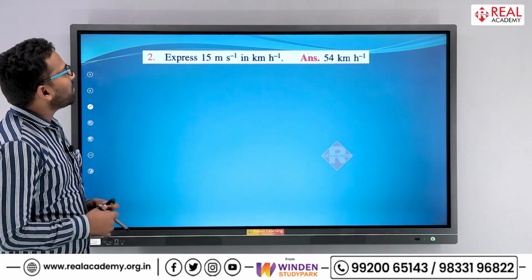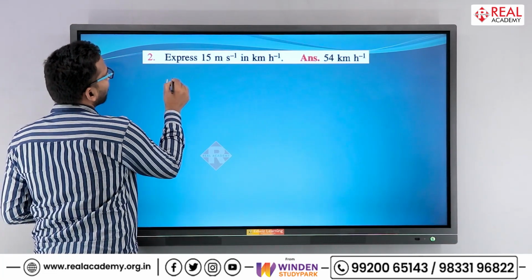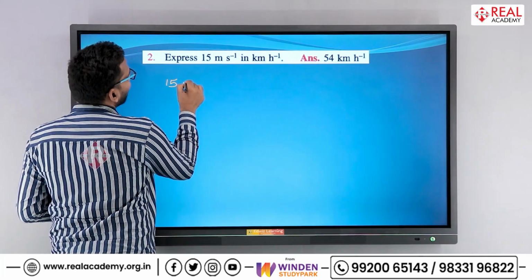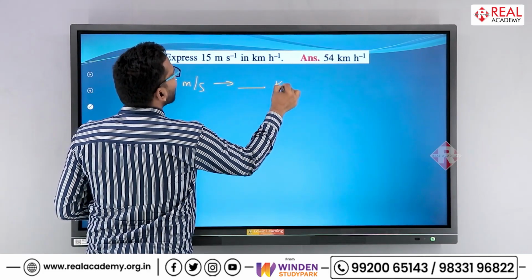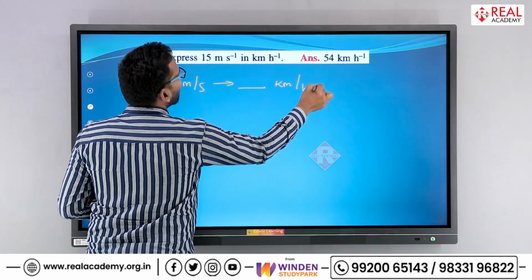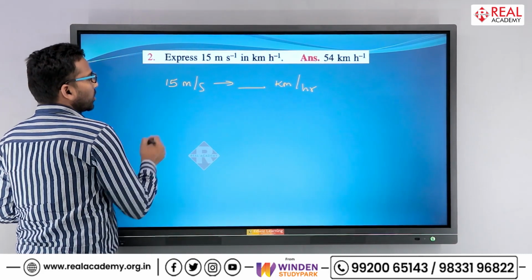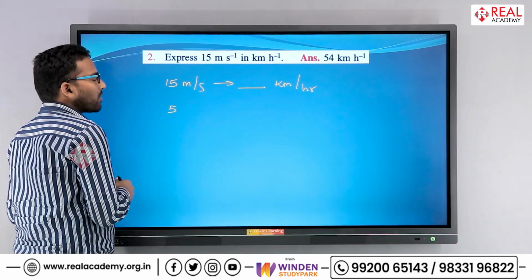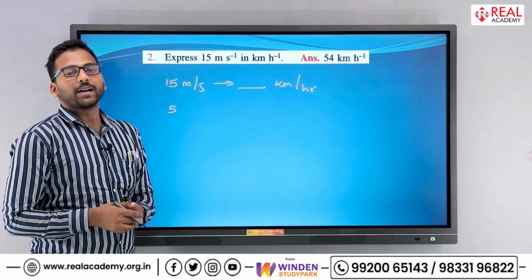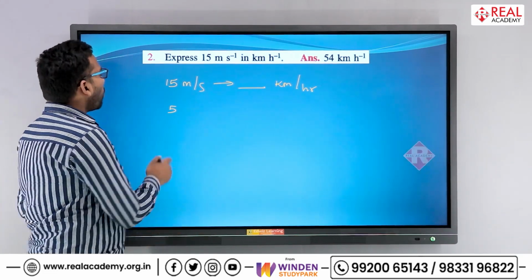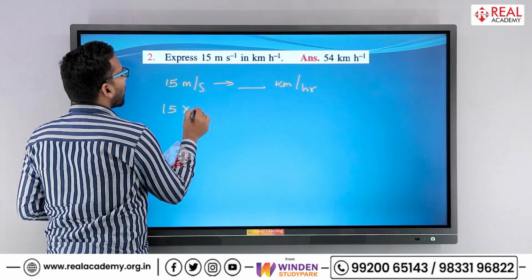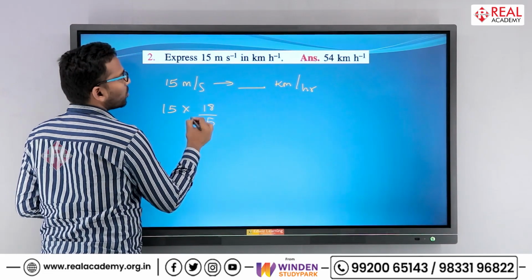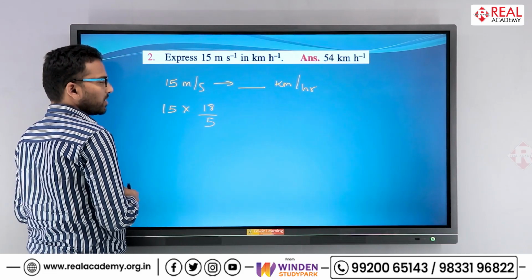Express 15 meter per second to dash kilometer per hour. Okay. So 15 meter per second. How we have converted kilometer per hour? 5 by 18. So if I simply go that 15 meter per second को 18 by 5 कर दूं तो, right?